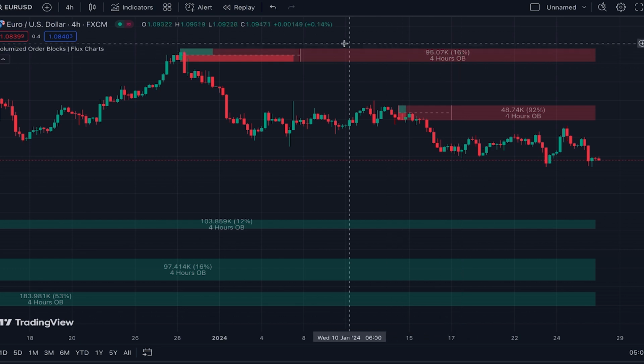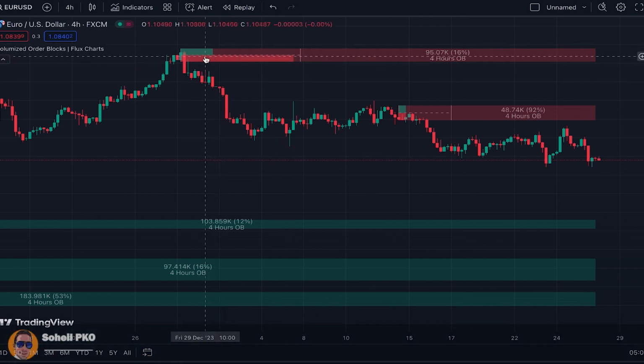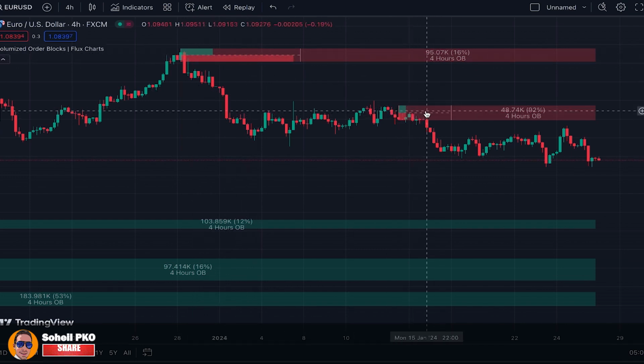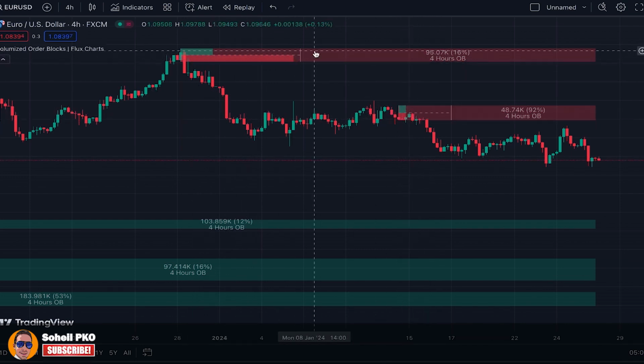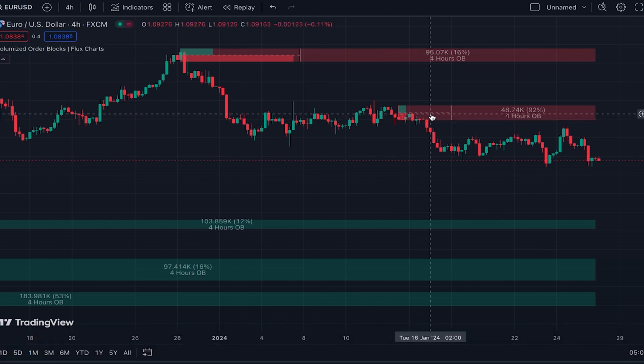You can also visually compare the strength of bullish and bearish volume with the help of these two green and red bars that you see here. For example, here for this bearish order block, we have considerably higher bearish volume, but for this bearish order block here, approximately the same. So this bearish order block is more significant and much stronger compared to this bearish order block.